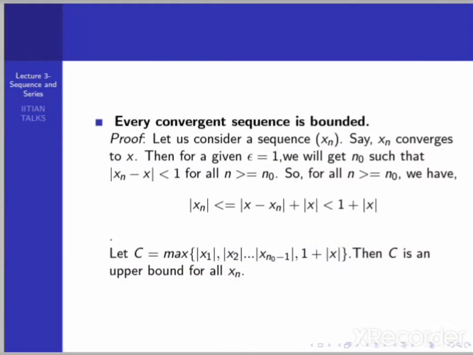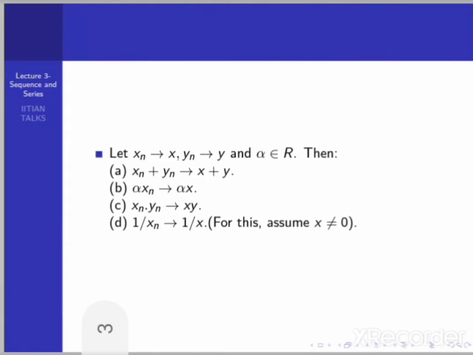Okay. Moving forward, we will see some usual properties that you know about sequences. What are the usual properties? Let's see. If xn converges to x, yn converges to y, and you take any alpha in the real line, then the first one: xn + yn converges to x + y, meaning the limit of xn + yn as n goes to infinity is x + y. The second property says that alpha xn converges to alpha x, and alpha can be any real number.